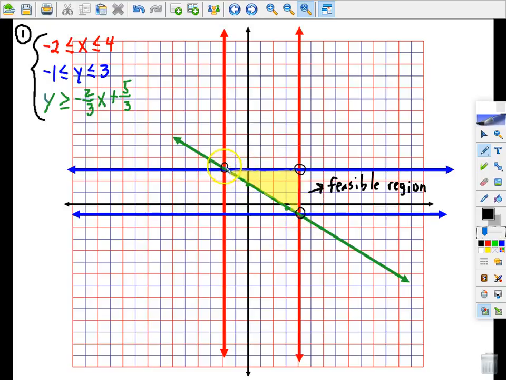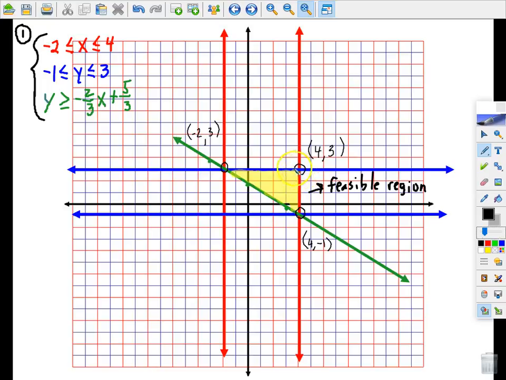Remember, intersection points are where 2 or more lines cross each other on the feasible region. So it looks like we have a point of intersection, a vertex, here at -2, 3, down here at 4, -1, and then up here at 4, 3.